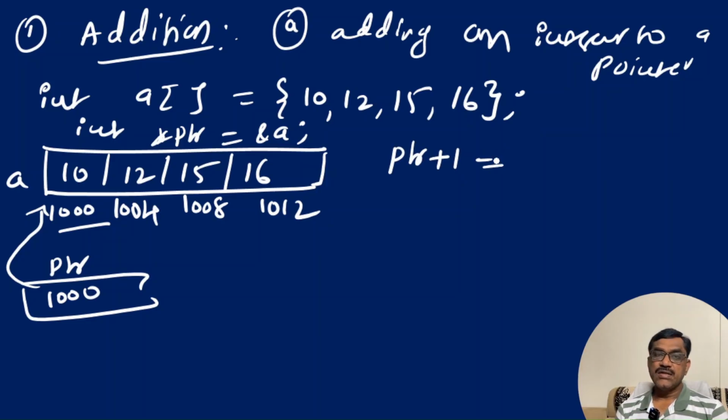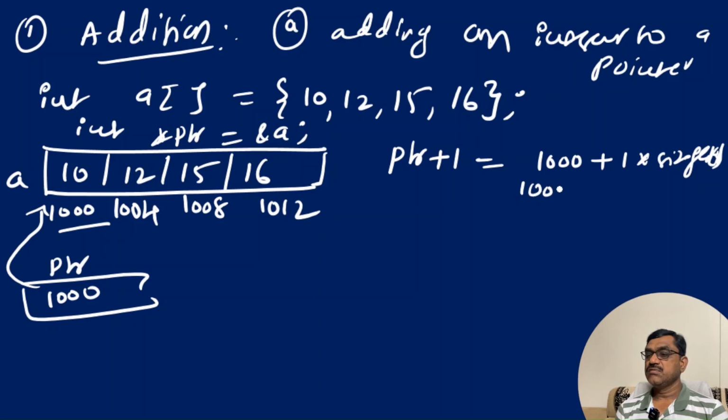It can be written as ptr, which is 1000, plus 1 into size of integer. That means 1000 plus 1 into 4, since as we said in earlier classes, an integer takes 4 bytes of memory. That is our assumption. So here we get the address 1004.